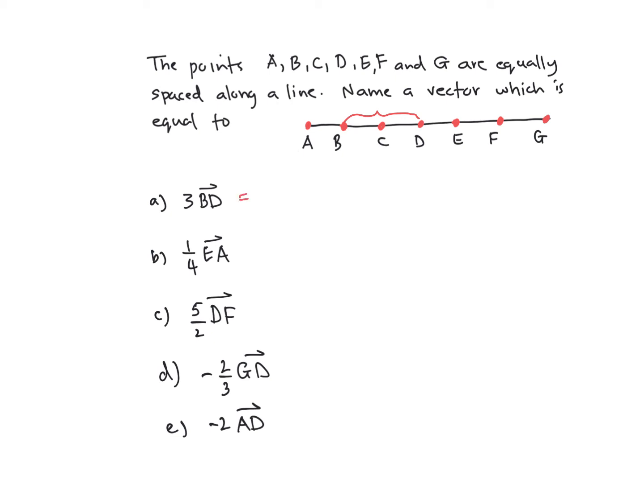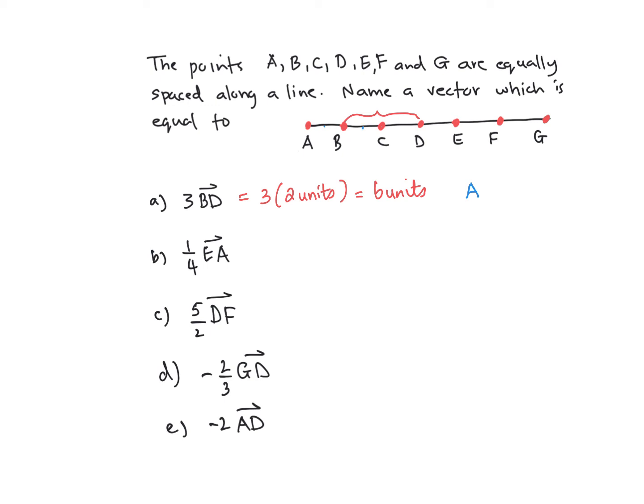So if I'm talking about magnitude, I want a vector that is 2 units long and I want it to be 3 times that. So this vector I'm choosing has to be 6 units long and it has to be going to the right, which is the same direction as B to D. So my only option, because I'm limited by the length, would be, let's say we start at A, we're going to go 6 units to the right.